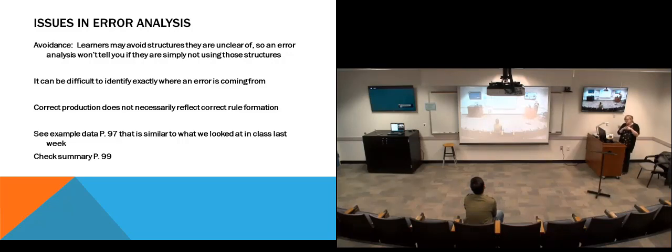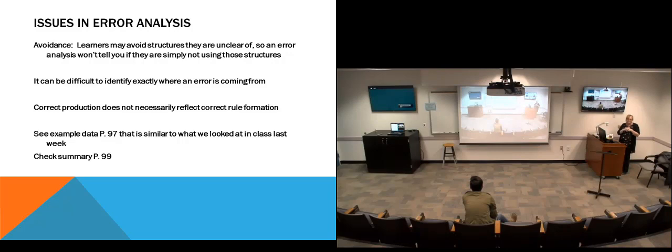So under issues with error analysis, we have something called avoidance, right? Which is where learners avoid structures they're unclear of, okay? Rather than use them, they just don't use them. So an error analysis won't tell you if they can use them or not, because they deliberately don't use them.